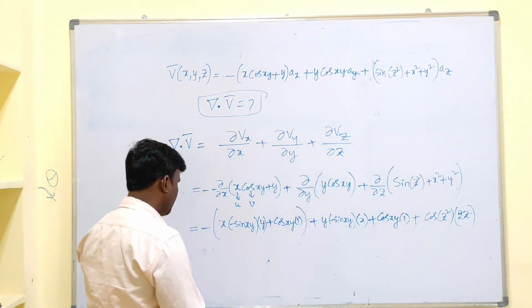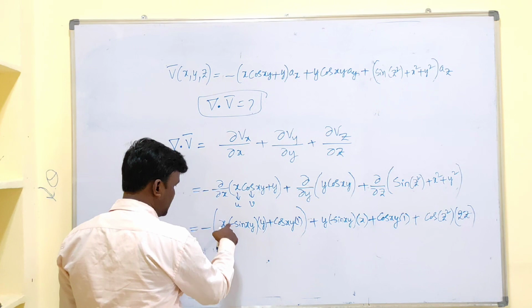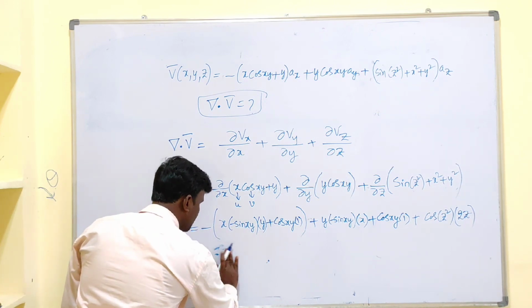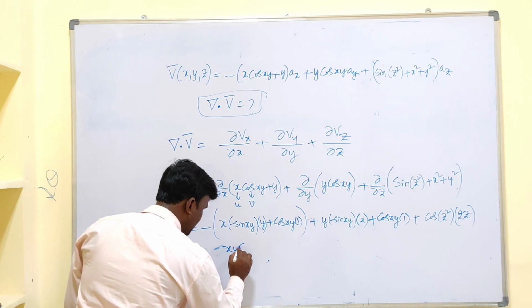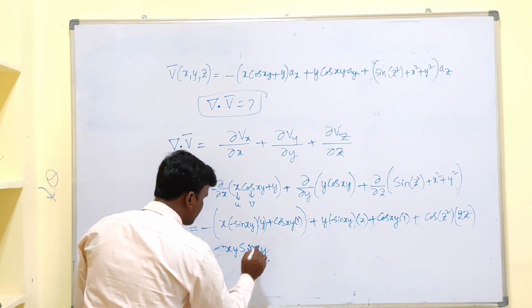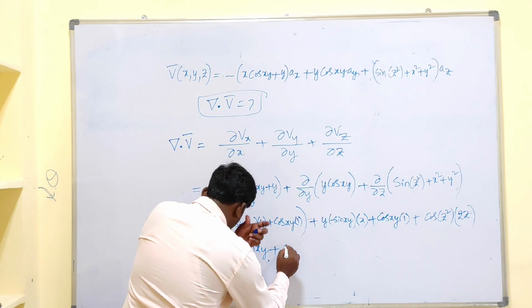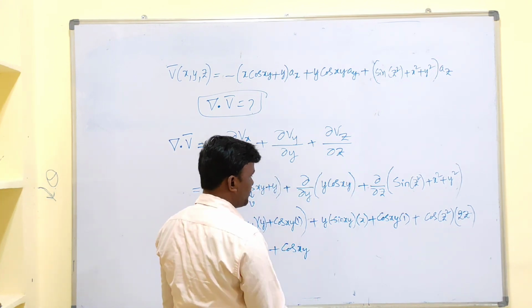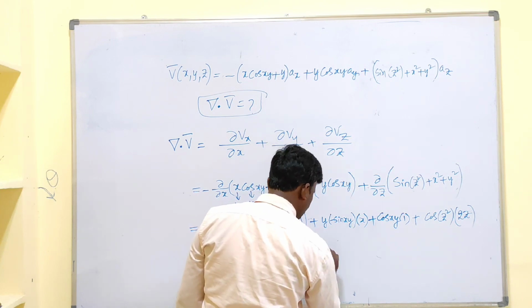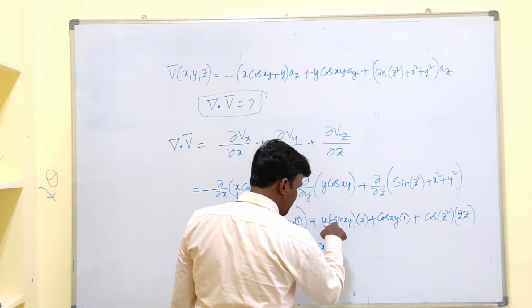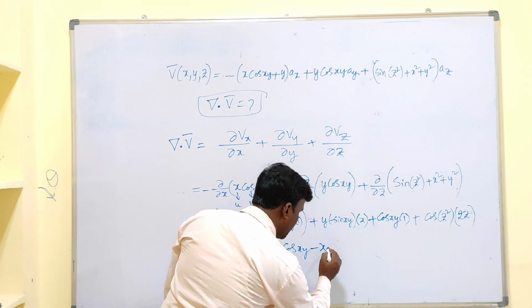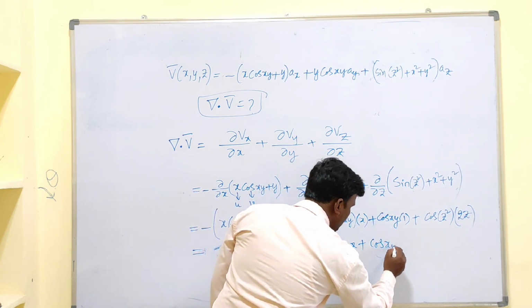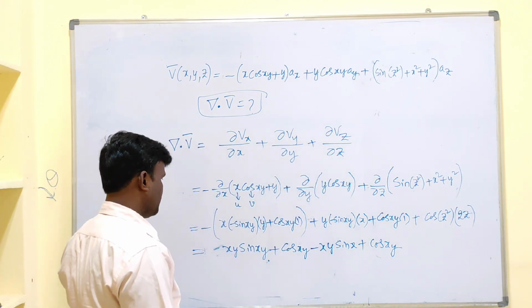Now we will get this. Here I have minus into minus, plus, that is plus x into y, that is xy sin xy, and this term is plus cos xy, and here you have y into x, that gives minus xy sin xy plus cos xy plus cos xy.